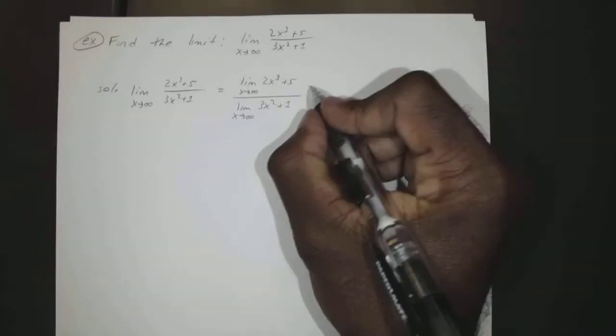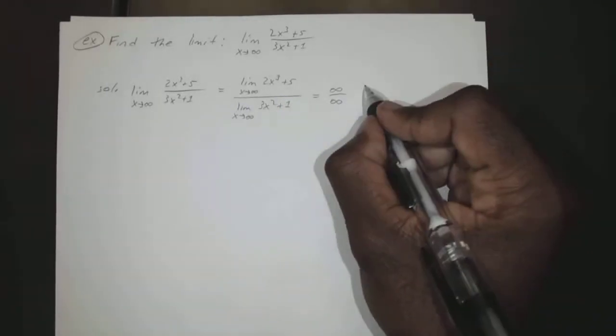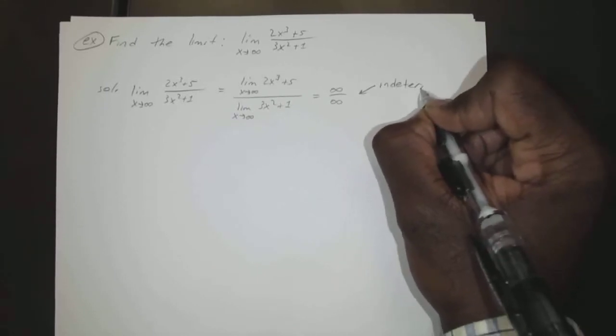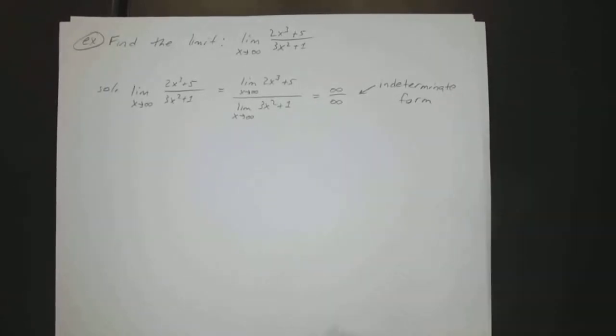Okay. So here, if we actually did plug in some really big numbers, you would end up with infinity over infinity, because they'll both keep growing nonstop. And once you get that infinity over infinity, it's called an indeterminate form, just like 0 over 0 would be an indeterminate form.